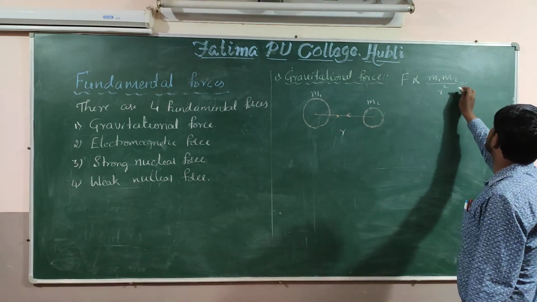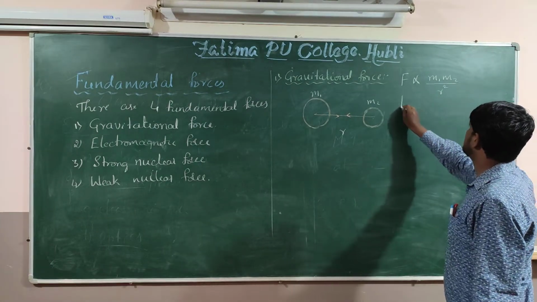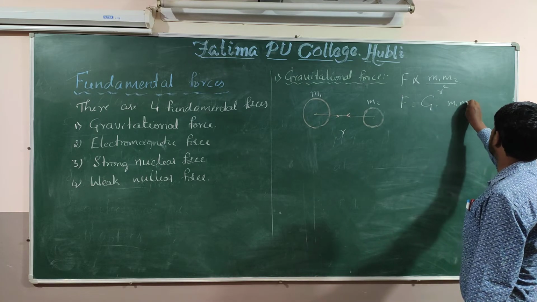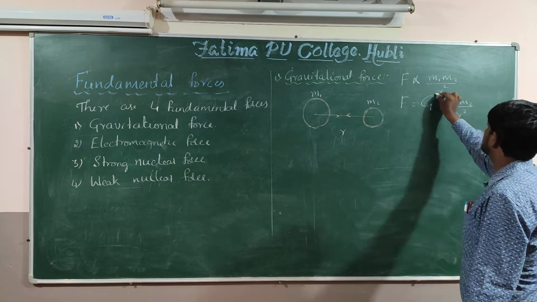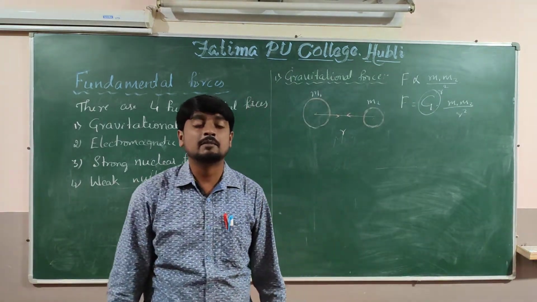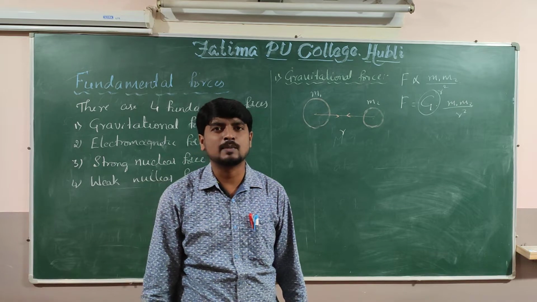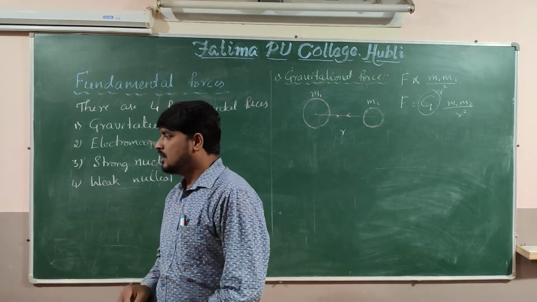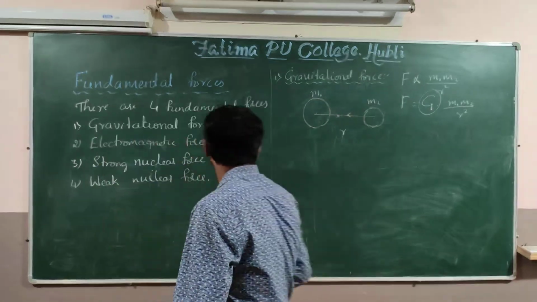If I remove the proportionality by a constant, then I get F equals G times m1 m2 divided by r square. Here G is the gravitational constant, and its value is 6.67 times 10 raised to minus 11 Newton meter square per kg square.